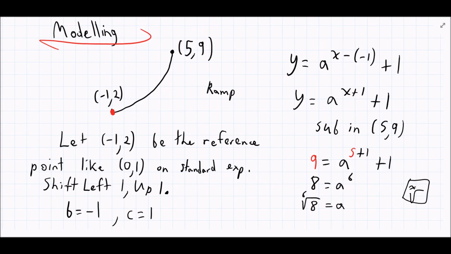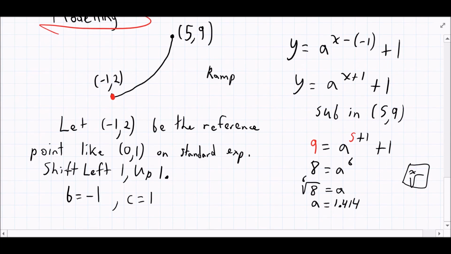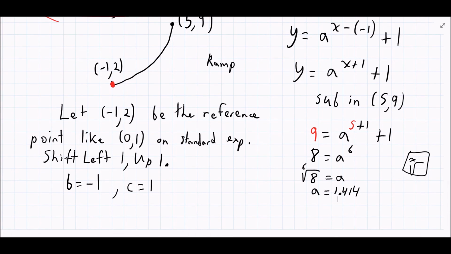And I got a value of 1.414 approximately. Alright, so the last thing to do is write the equation. Therefore, y equals 1.414 to the power of x plus 1, plus 1.